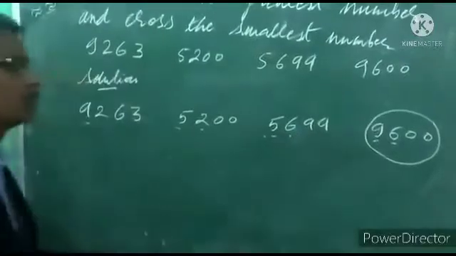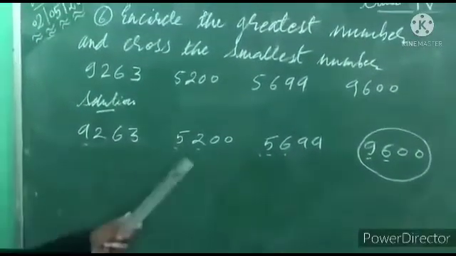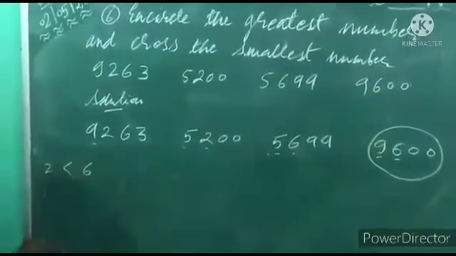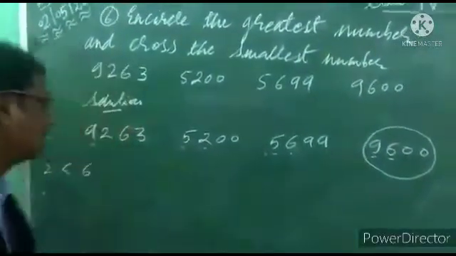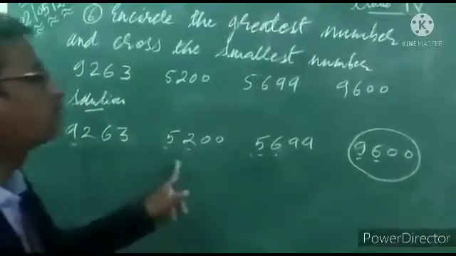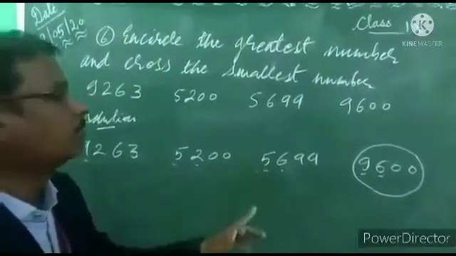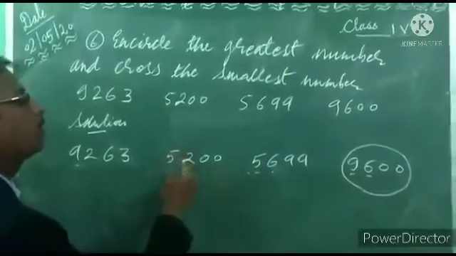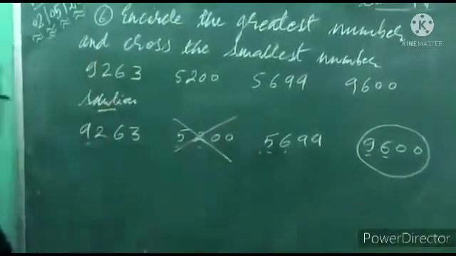Here 2, here 6. Which is smaller? 2. 2 is less than 6, isn't it? So 5200 is smaller than 5699. So among these four numbers, 5200 is the smallest. So cross the smallest number.